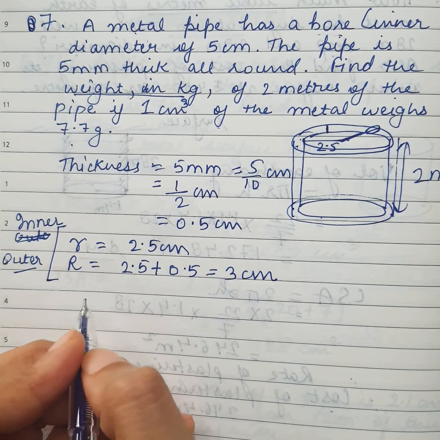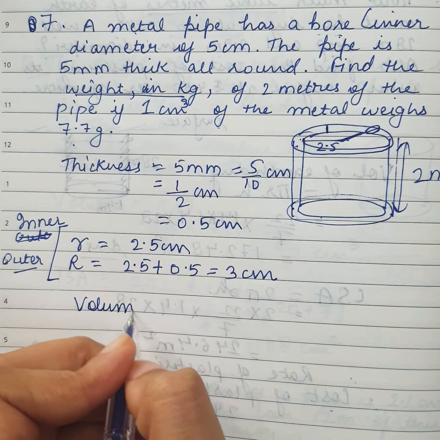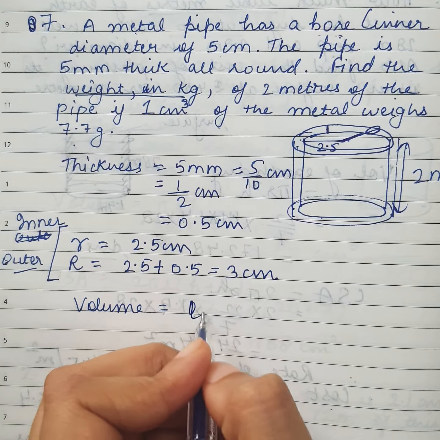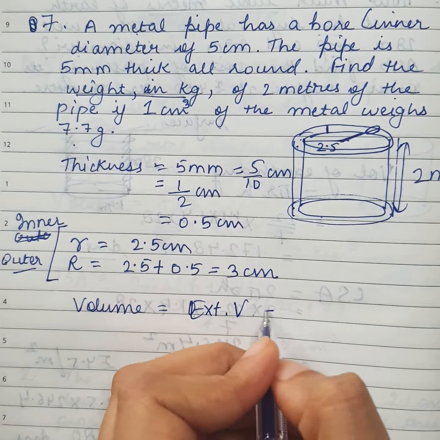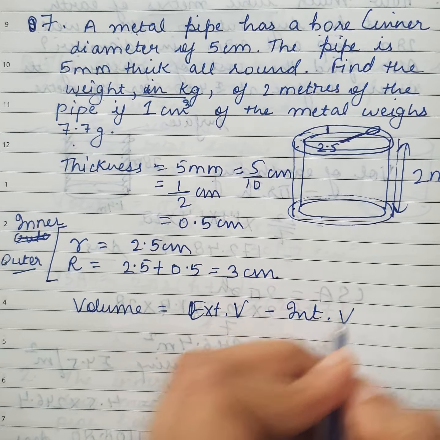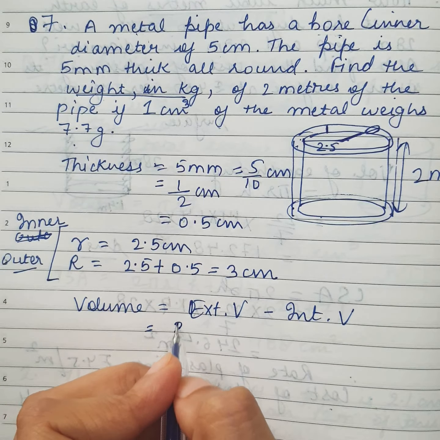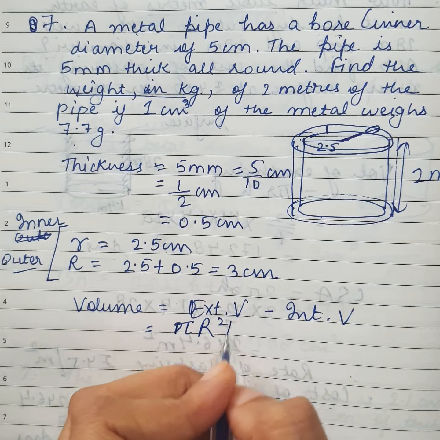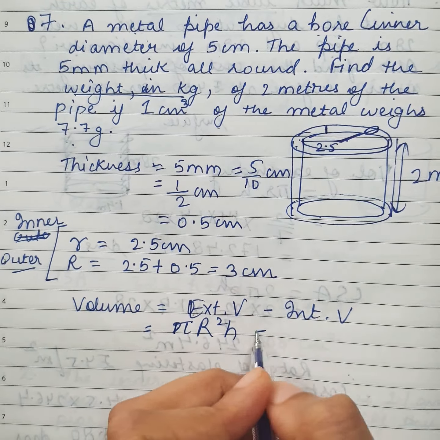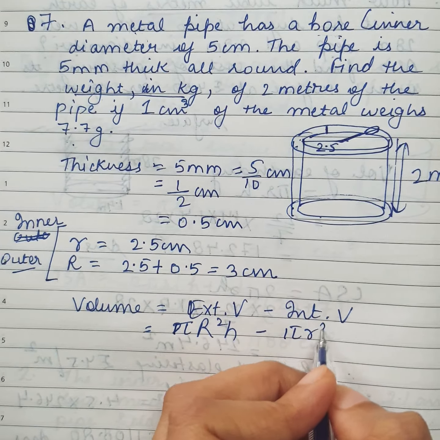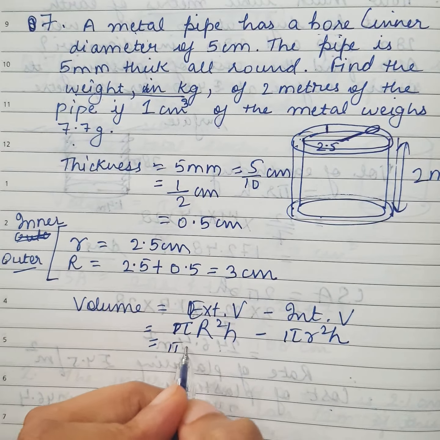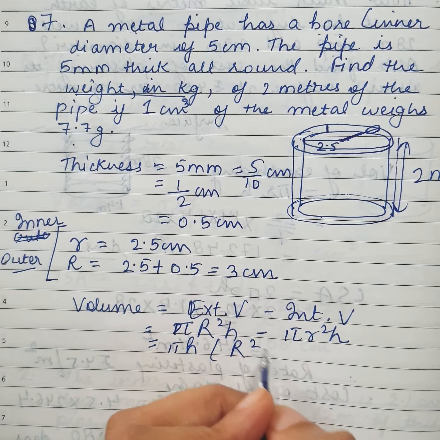So for that, volume will be external volume minus internal volume. External volume is pi r square h with external radius. Internal volume is with internal radius. Since pi and h are common, why calculate them again?